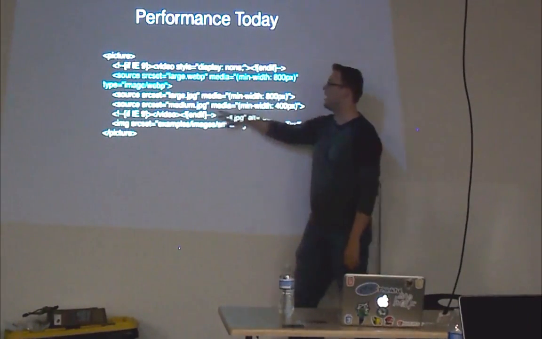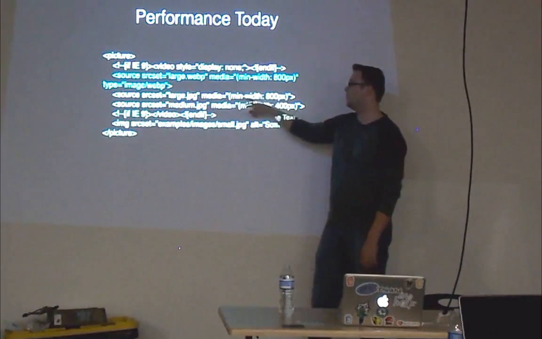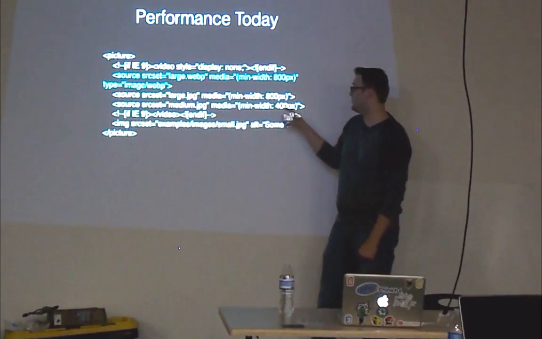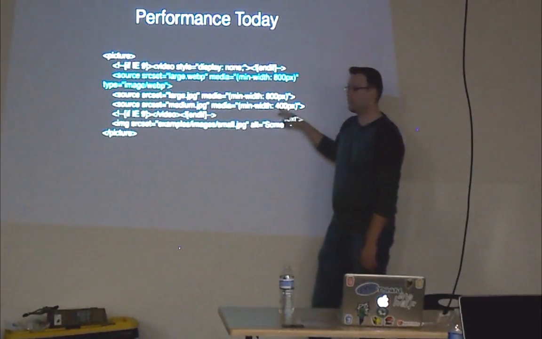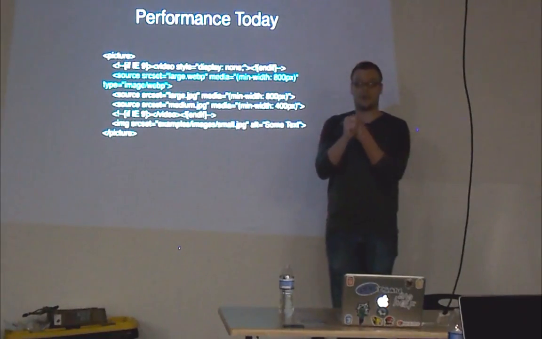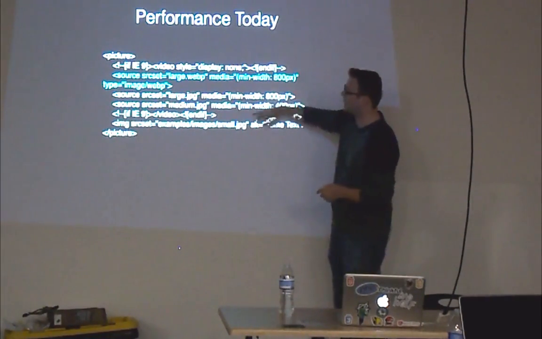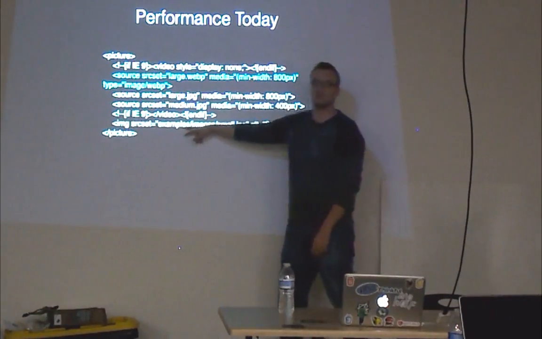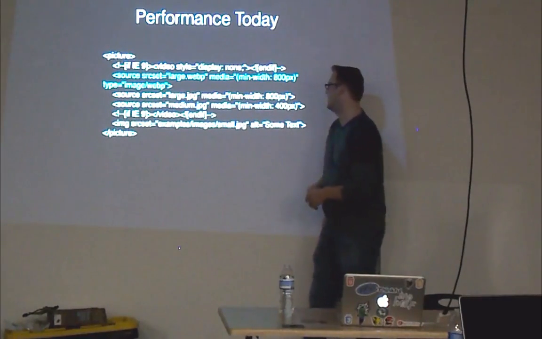If not, it will fall back to this JPEG here that's at the same media query width of 800 pixels. So let's say then that it's between 400 and 800 pixels. It will go to this medium JPEG image. And then let's say that the picture element isn't supported by the browser, or none of these requirements fit the criteria for the image. It'll fall back to this normal image tag so that there's no inconsistencies.